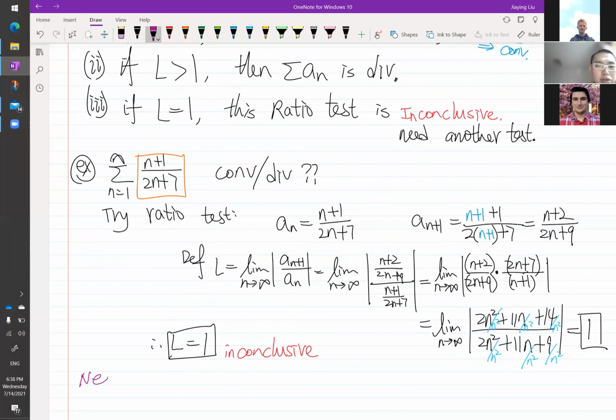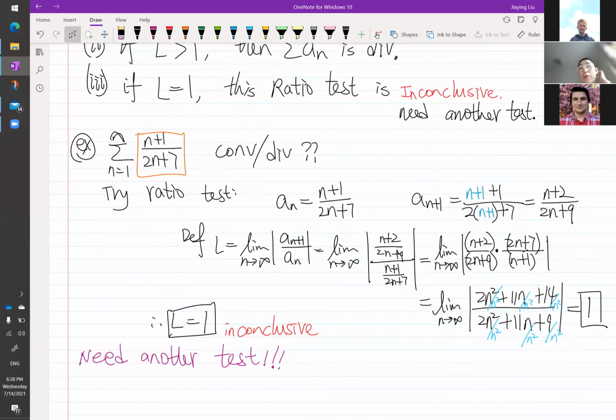Therefore, we need to use another test to find out whether it's convergent or divergent. Now, for this particular example, the sum from n=1 to infinity of (n+1)/(2n+7).